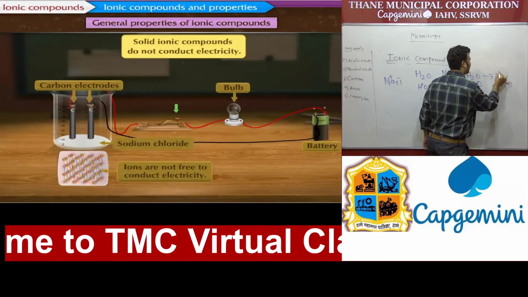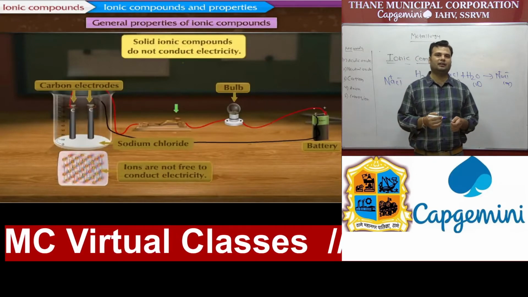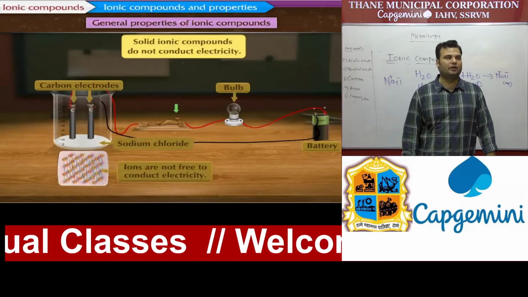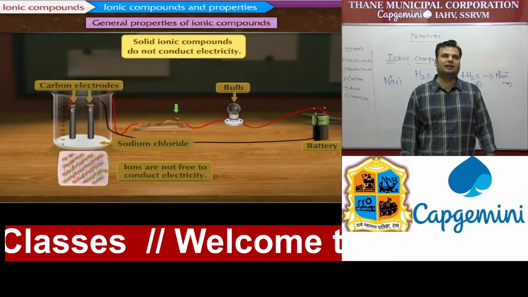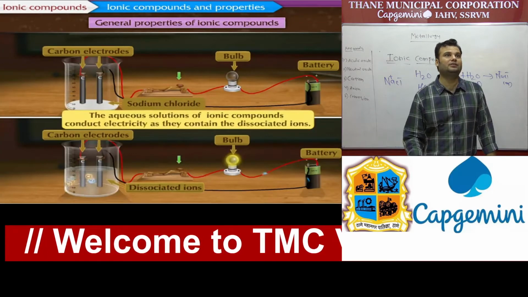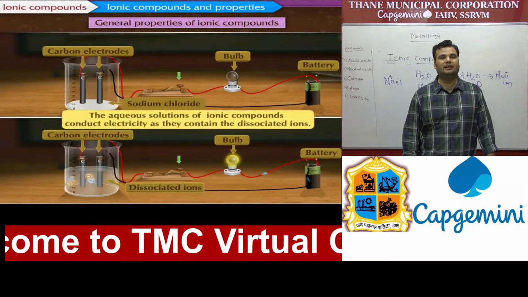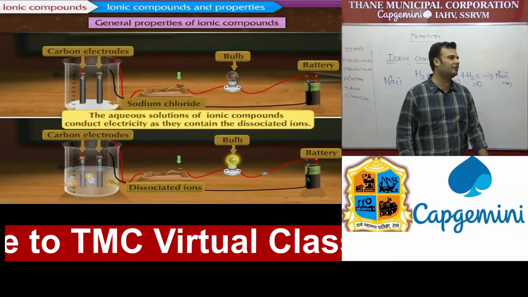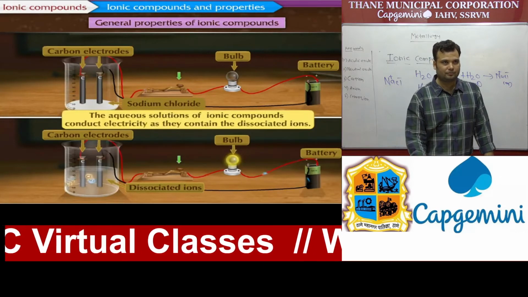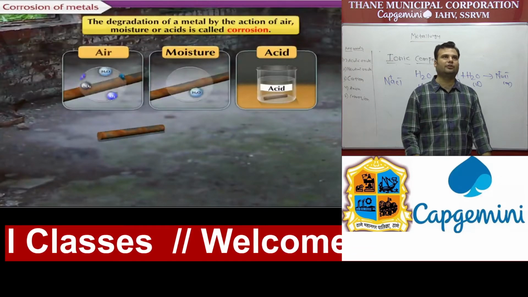And whenever they form the aqueous solution of NaCl, ions are free to move, and that time they can conduct heat and electricity. So we can say that in molten form, in aqueous form, ionic compounds are able to conduct heat and electricity. So you can see also in slide, the aqueous solution of ionic compounds conducts electricity as they contain dissociated ions. Dissociated ion means the free ions, that is positive ions and negative ions. And that's why they are also called electrolytes.